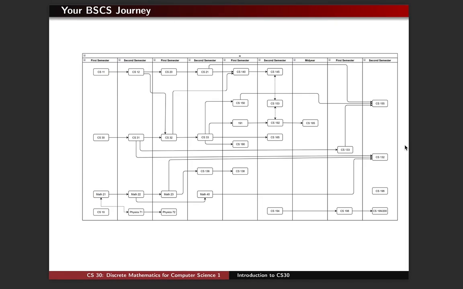So, what does this mean? This means that the concepts that you will encounter in discrete math will be revisited and needed in these succeeding subjects. In fact, they are there and will be there throughout your CS life.